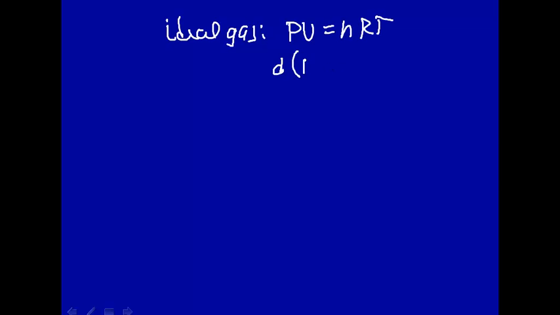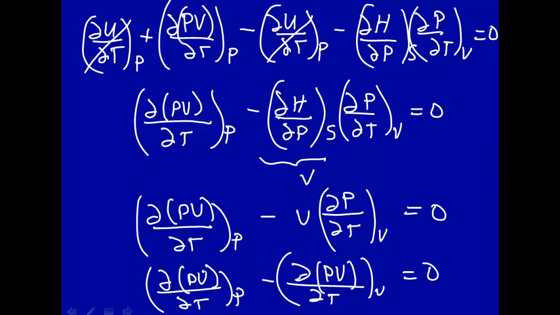So now we have an ideal gas, so we know that PV is equal to nRT. So d(PV) is equal to d(nRT). Okay, so if we go back, we can just substitute in for PV nRT.